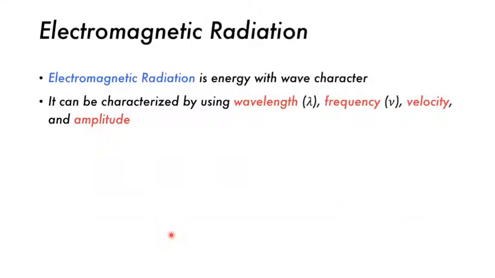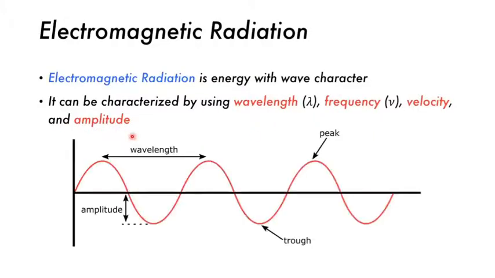This is energy with wave character, and it can be characterized by wavelength, which is lambda, frequency, which is given the letter v, and velocity and amplitude. Here is a sine wave, a particular wave which repeats through space. This could be electromagnetic radiation.